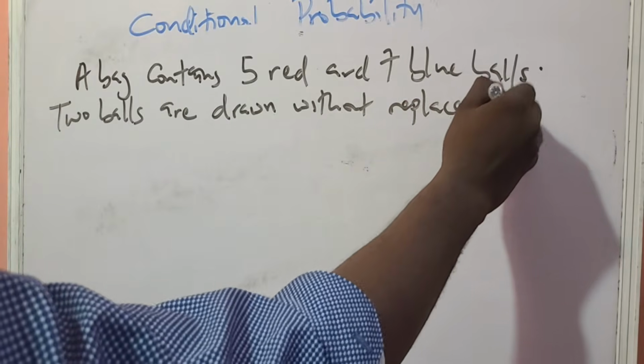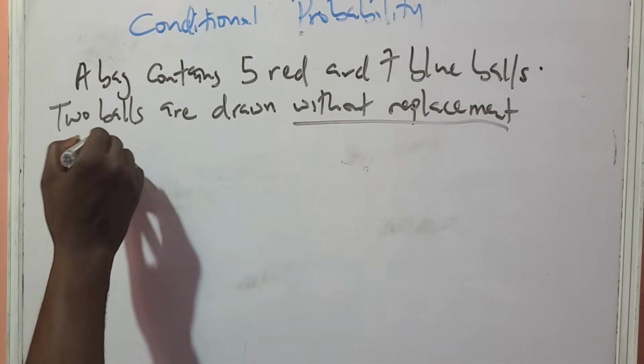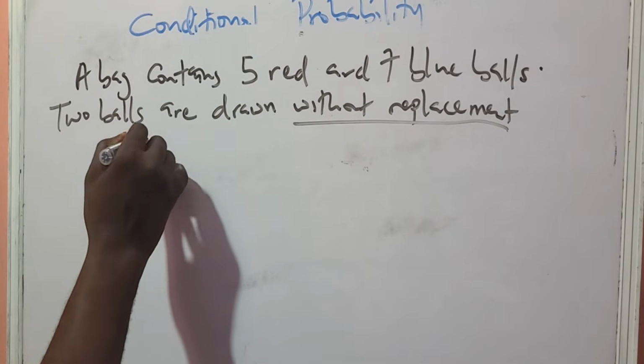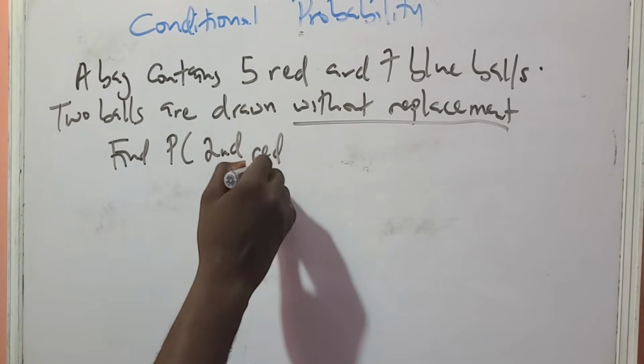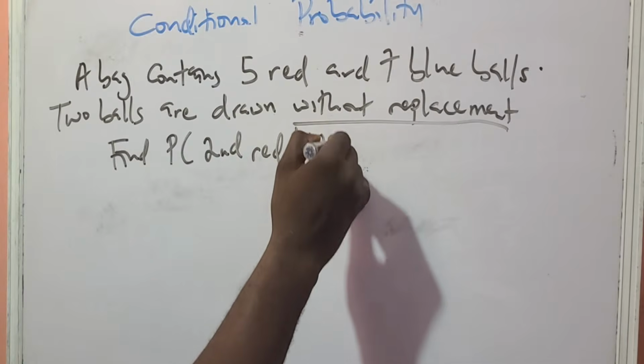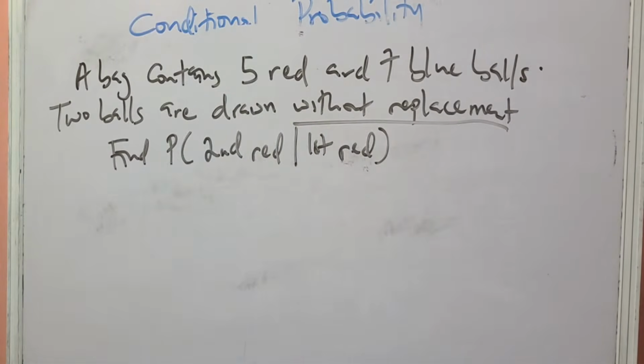The key here is the words without replacement. If they told you with replacement, it's a totally different ball game. So the question for you is to find the probability that the second is red, given that the first is red. Can anybody give me a solution quickly?